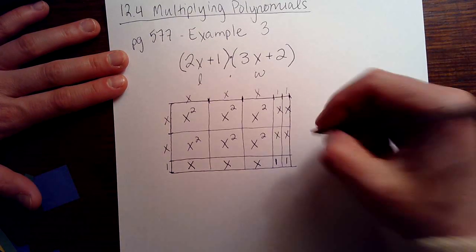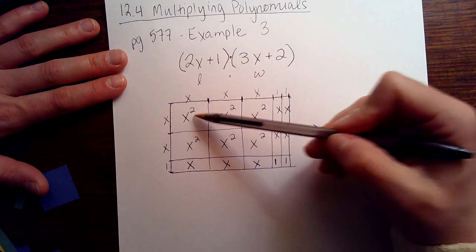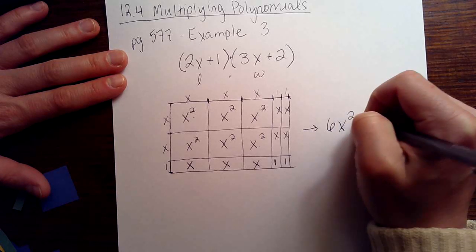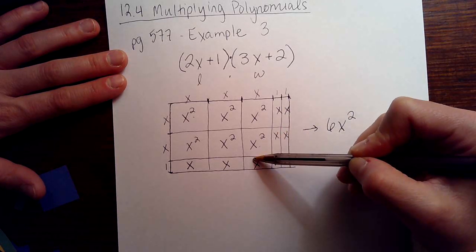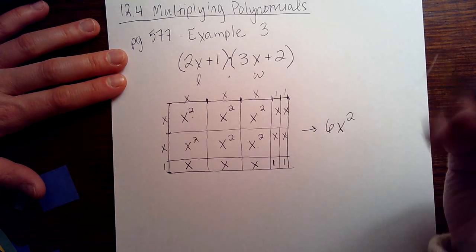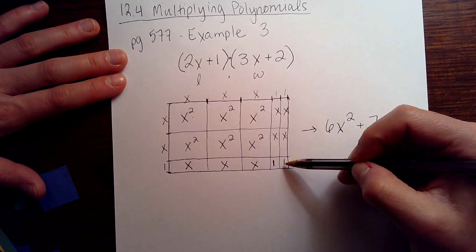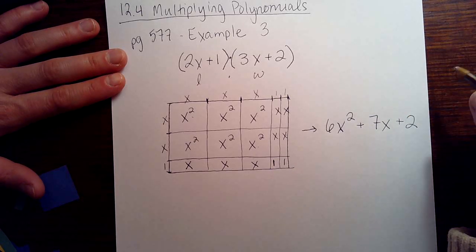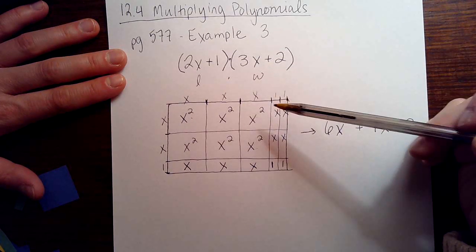And so when I simplify this, when I add this all up, I have 1, 2, 3, 4, 5, 6 x squareds. I have 1, 2, 3, 4, 5, 6, 7 x's. And I have 2 constants or single units. Now, that was using the area formula, so actually drawing this out.